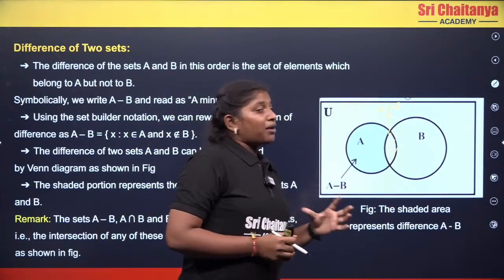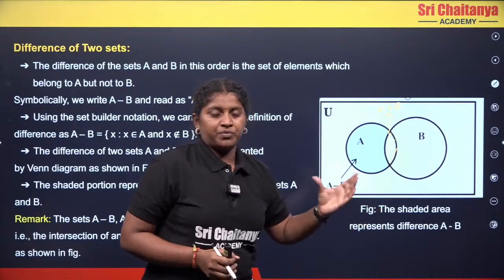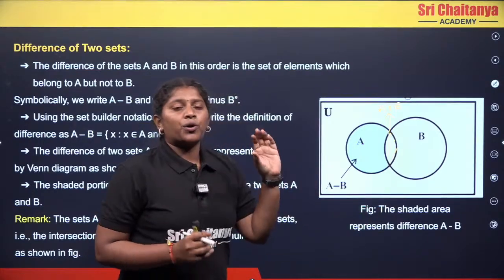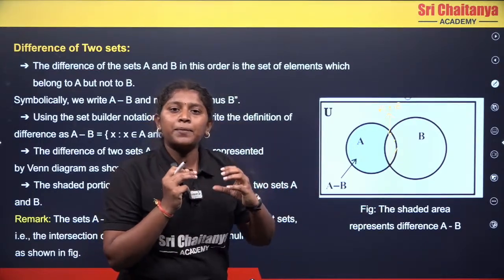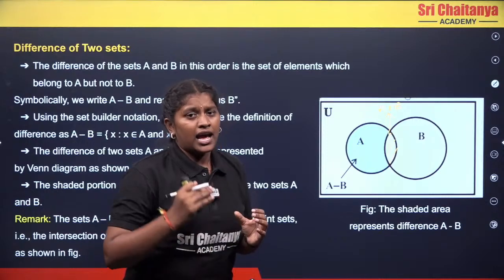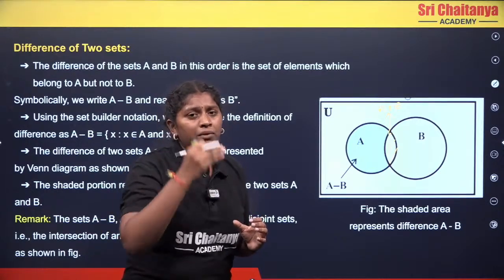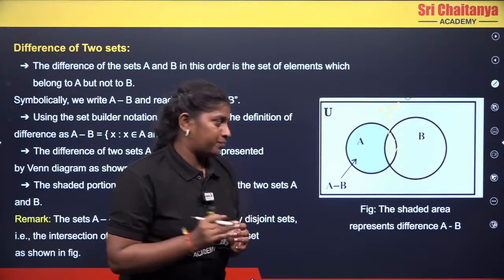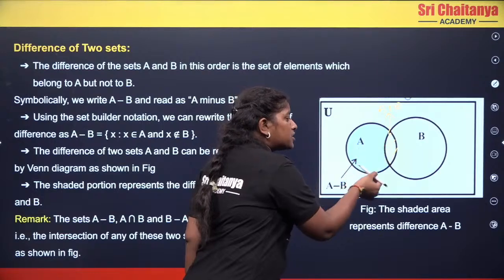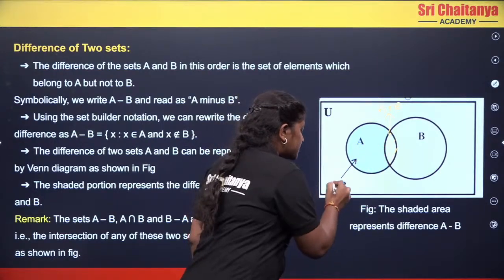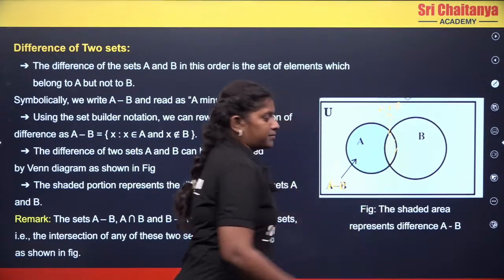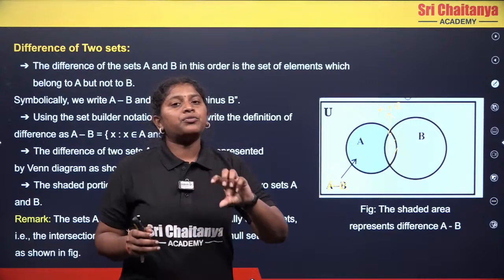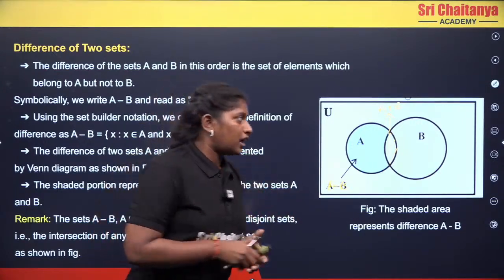Now, if I am taking my A minus B, I am just going to write whatever the elements that completely belong to the set A, and we are just ignoring the common elements between the set A and B. So now, whatever the portion that we are having in the blue color, that will represent the A minus B. Okay. And here we can do B minus A also.